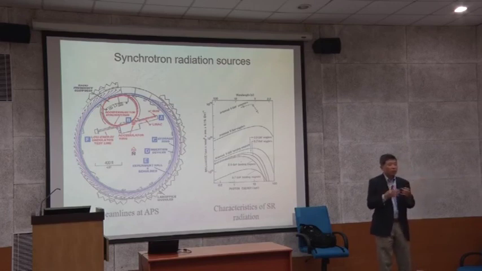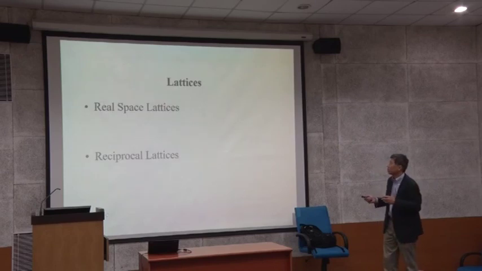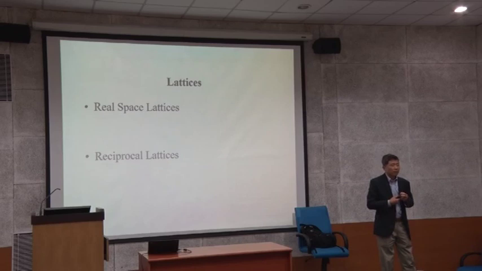And then you have to understand your lattices, what exactly you're looking at, and that's why I'm going to talk about the lattices here. What are the exact lattices we are talking about? So you understand that we have 2 different lattices we're talking about. One is a real space lattice, another one is a reciprocal space lattice.